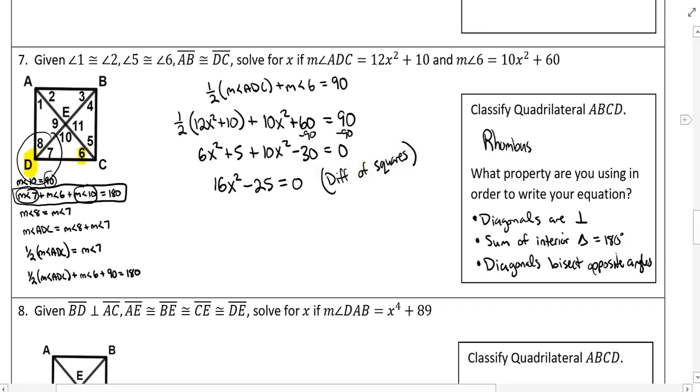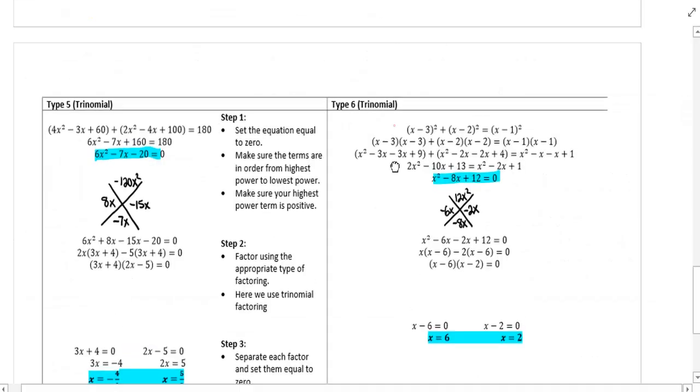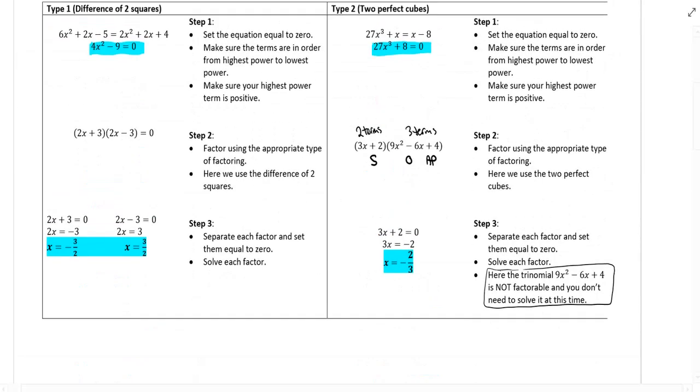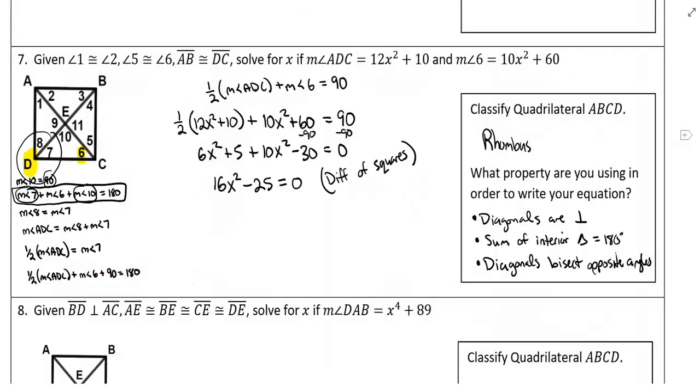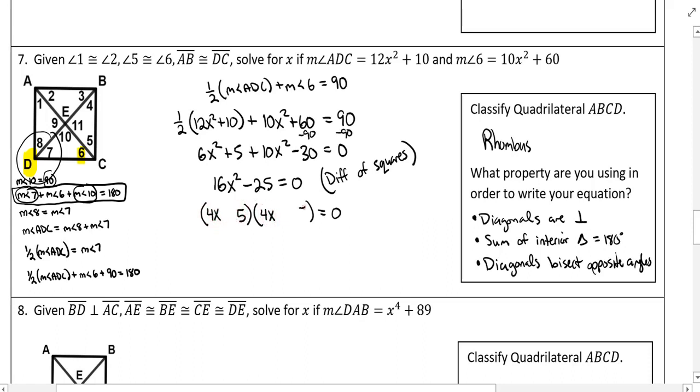If you want to see an example of how to solve that, if you go back to type 1 on solving, you'll see a nice example that shows how to do that. But pretty much here we're factoring it into 2 factors. Each factor will have 2 terms. You take the square root of 16x squared, which is 4x. That gives you the first term of each factor. Take the square root of 25, which is 5. That gives you the second term of each factor.